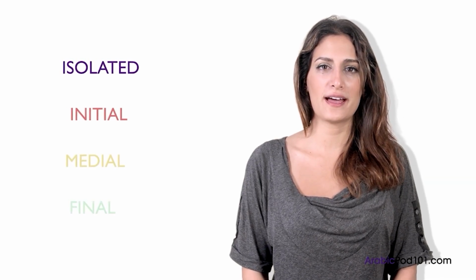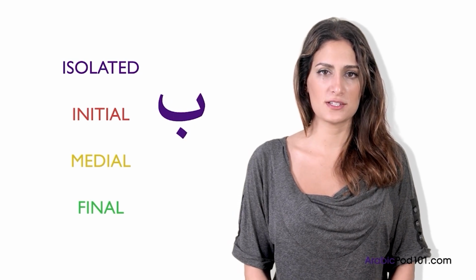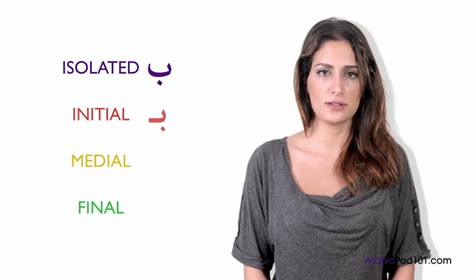As we studied in the previous lesson, there are many forms for every letter in Arabic. The letter ba has four possible positions: isolated, initial, medial, and final. Let's see the remaining three: initial, medial, final.